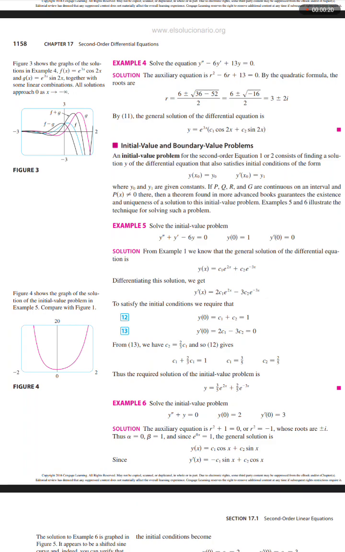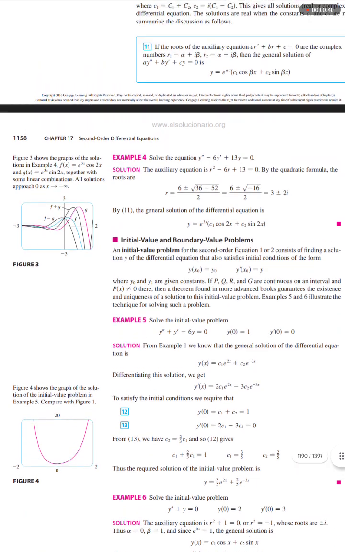By the quadratic formula, the roots are r = (6 ± √(36 - 52)) / 2 = (6 ± √(-16)) / 2 = 3 ± 2i.